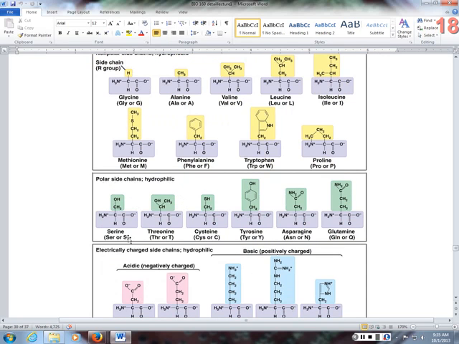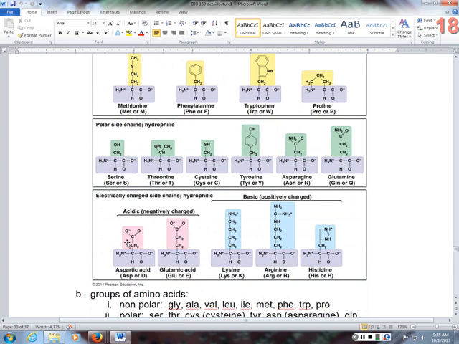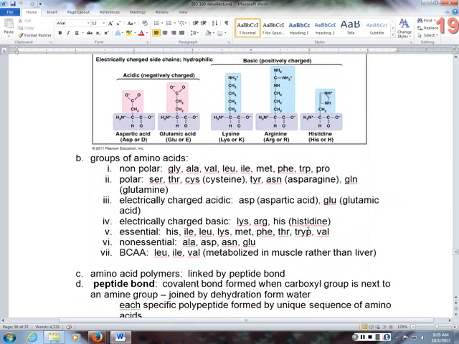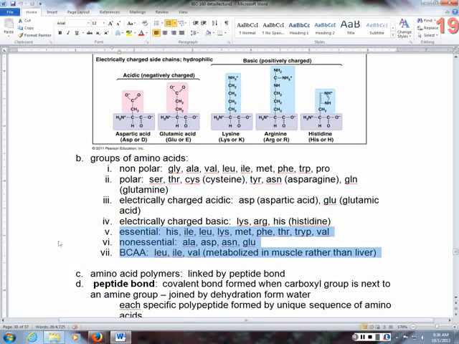Some are electrically charged, so some will be acidic, some will be basic. So your groups are the non-polar, the polar, the electrically charged acids and bases. The groups that are more important to remember in biology are these last three here.